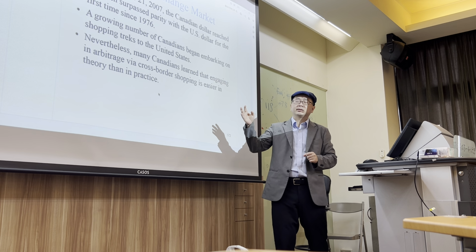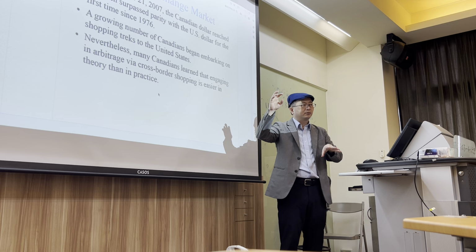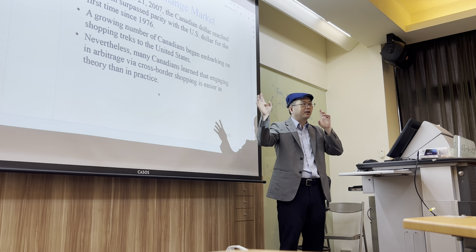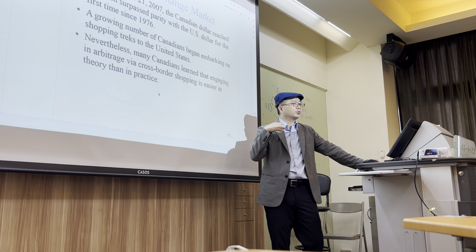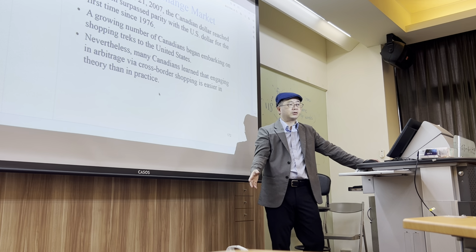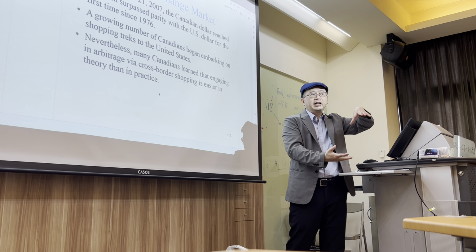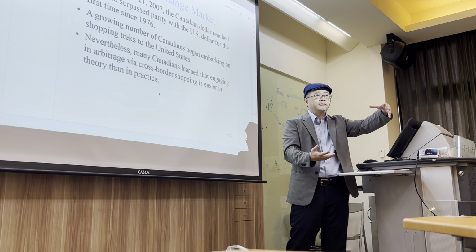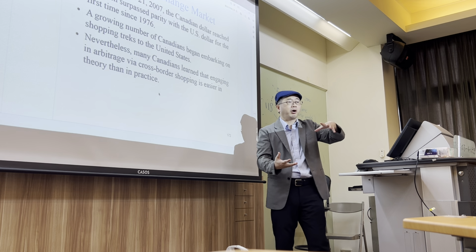Because the US dollar was more expensive and the Canadian dollar was cheaper, when it became 1-to-1, a lot of Canadians realized that if they go shopping in the United States, everything is very cheap. If they buy a 4-liter milk, it's only $1 USD, or less than $2, right? So to them, it's a bargain.